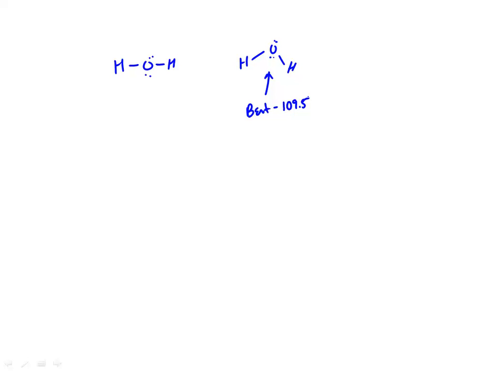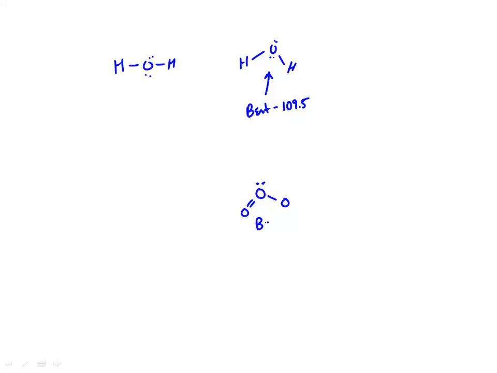How do you tell if the bent is a 109 angle or a 120? So let's take a look. There's my bent 109.5. Well, that's not a very good example. Well, okay, this is our example. It's not the best example either.